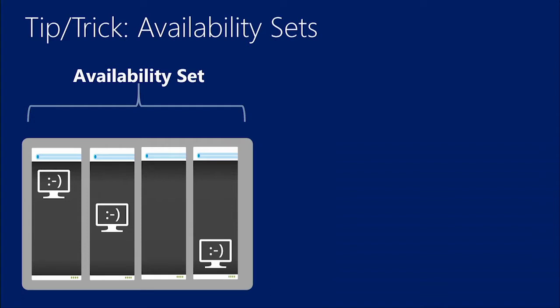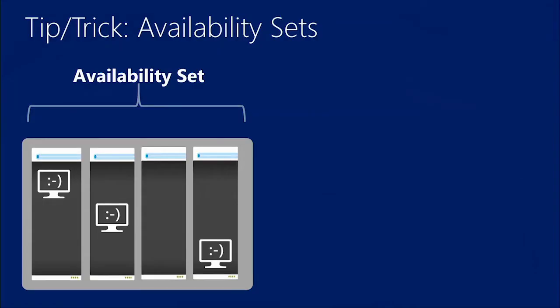Any VMs that you put in that availability set, we will automatically distribute across Azure so that there shouldn't be any single point of failure across those virtual machines. In other words, you deploy 3 VMs, and we'll make sure that we put them on 3 separate servers in 3 separate racks with 3 separate top-of-rack routers with 3 separate power supplies in the data center.